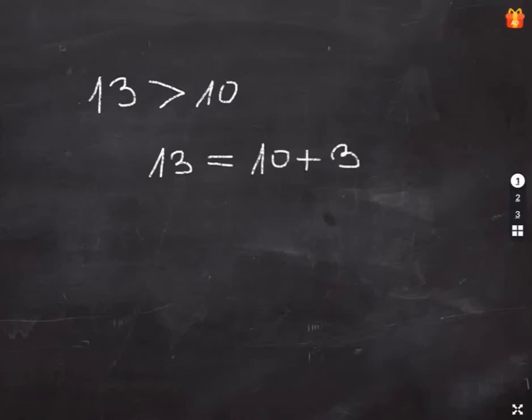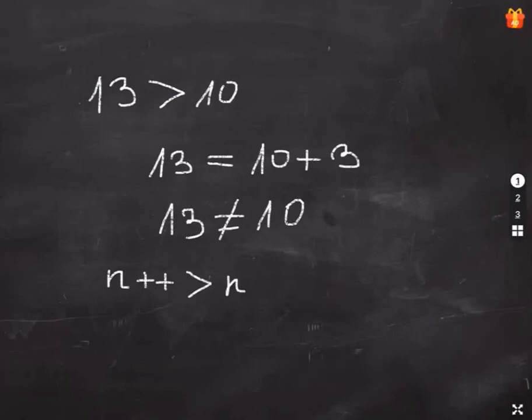And 13 is different than 10. So 13 is strictly larger than 10. Now, note that n++ is going to be strictly larger than n for any natural number n. Think about this. What is this telling you?